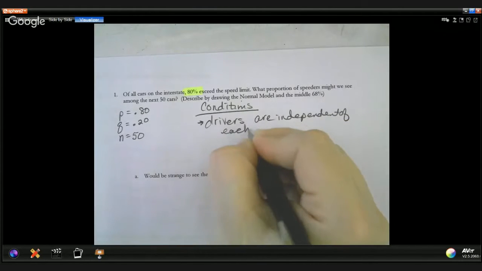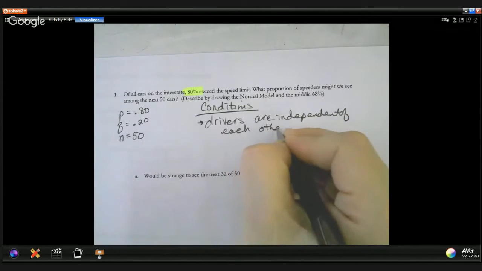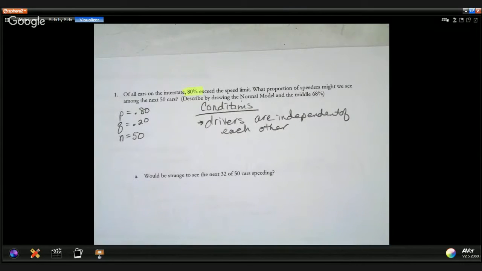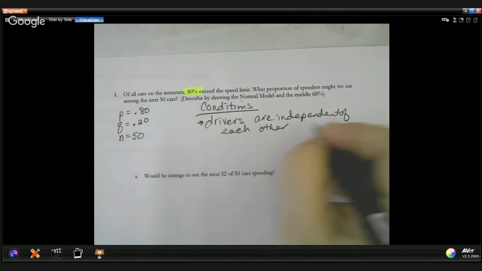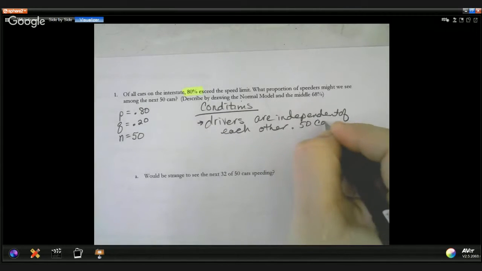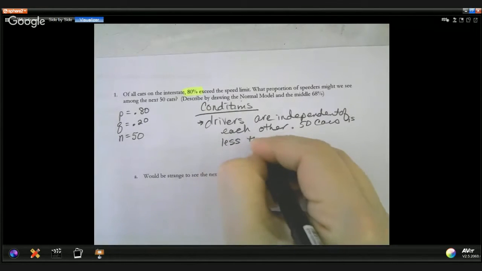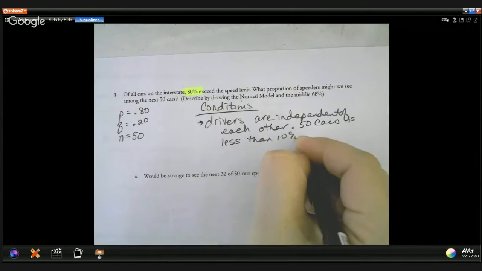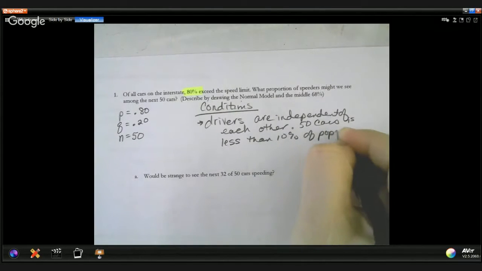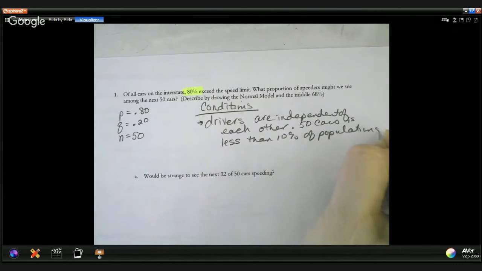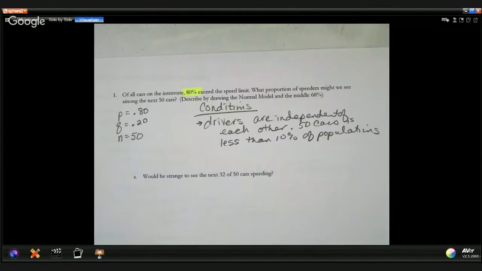Occasionally, you might have a chain of cars that are speeding together, but it doesn't happen that often. And I think because we know that 50 cars is less than 10% of our population of all cars, then we're okay. So those two things together definitely make that this would be independent and it's okay.